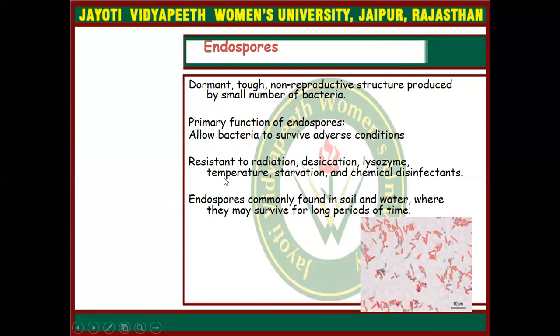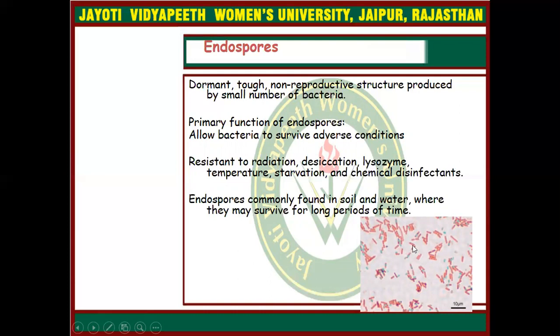The bacteria form an endospore, and the endospore helps the bacteria survive for a longer time. Endospores are commonly found in soil and water, where they may survive for a long time. In this picture, there is a pink color and a green color.